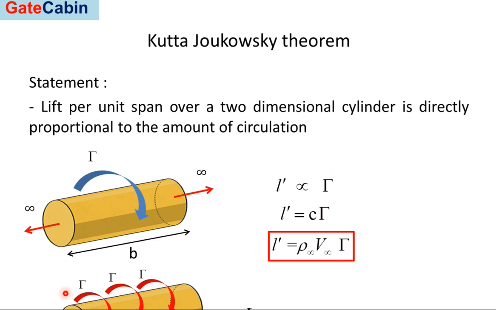The circulation value is constant over the entire length. The combined effect can be represented using a single value like the one we have represented here. So it is one of the most important formulas, applicable for some of the most basic, fundamental calculations when we are talking about flight vehicles, aeronautical or flying objects.